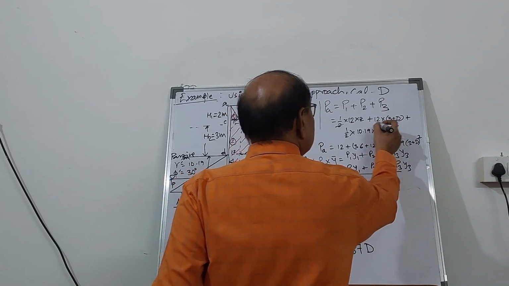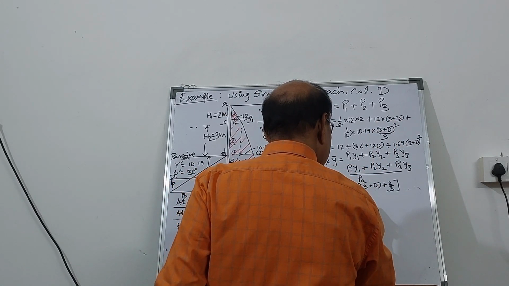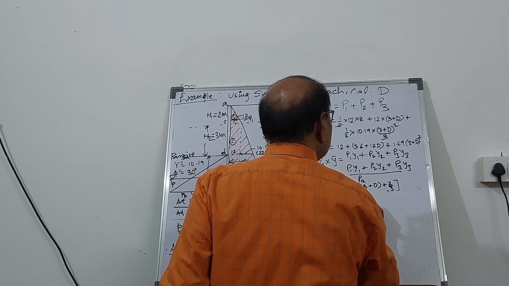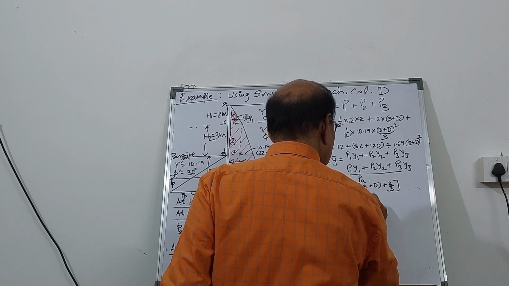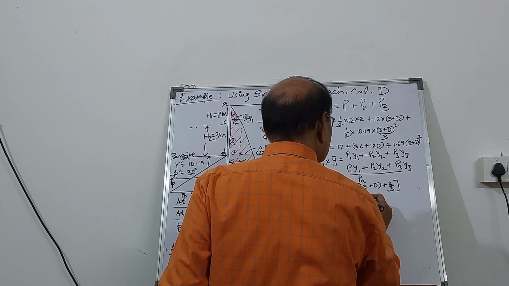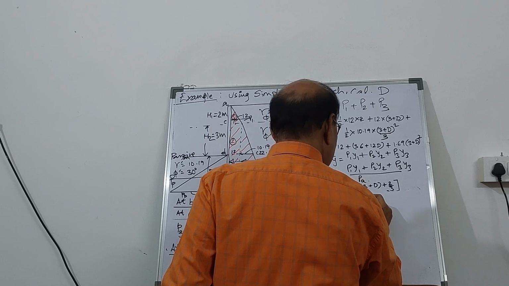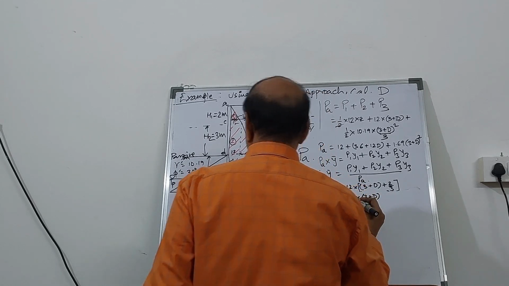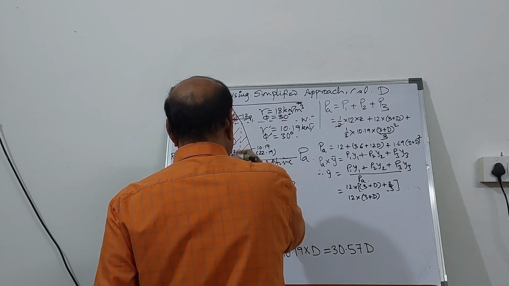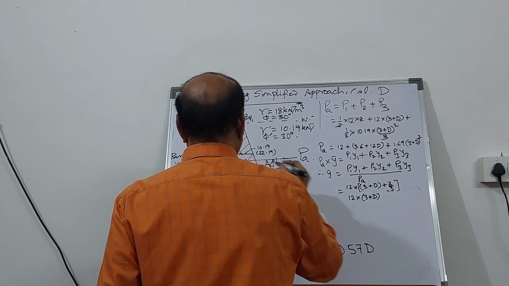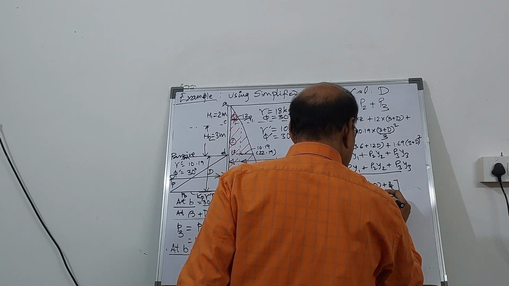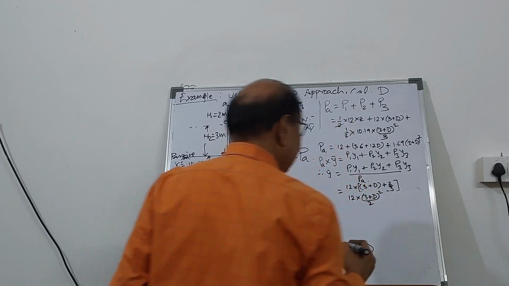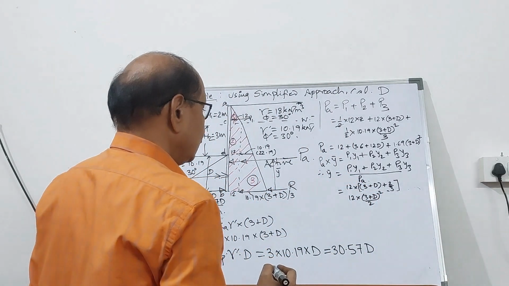P2 is 12 into (3 plus D), that is the value of P2, which is acting at y2 from here, that is 3 plus D by 2. So 3 plus D by 2 means it will be a square divided by 2.